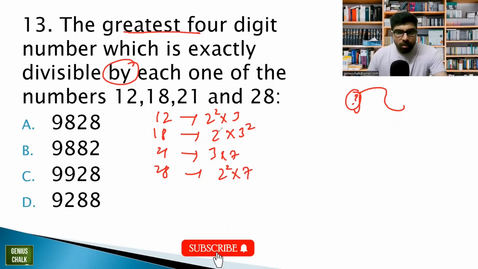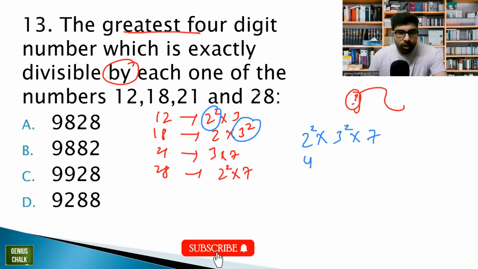Now coming to this, 2 square is common, then 3 square is there, and after that 7 is there. So sorry, we have to find divisible by, divisible by.